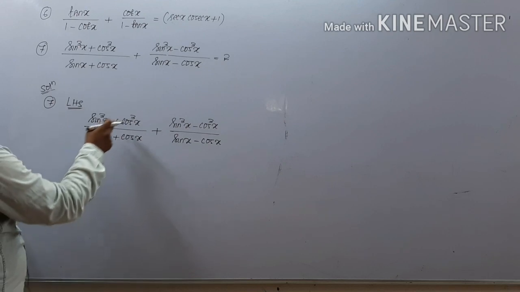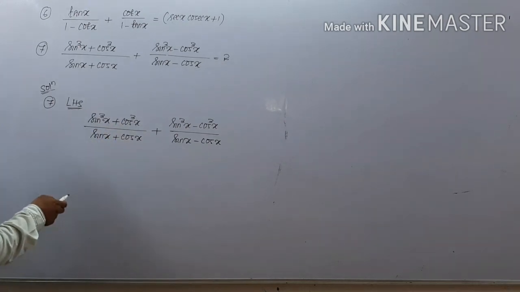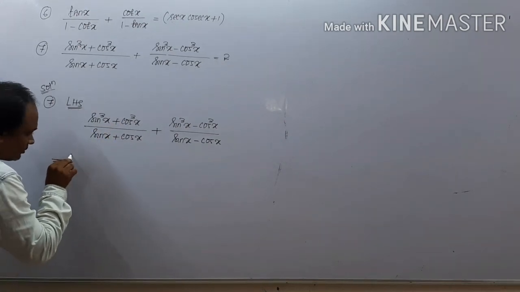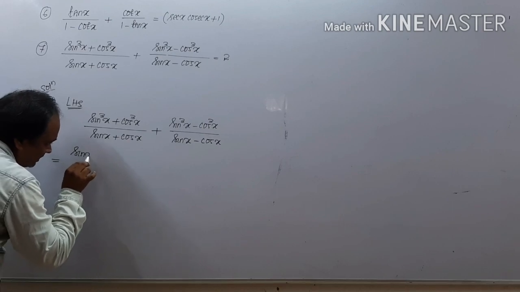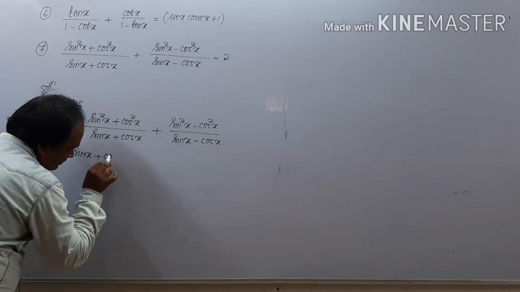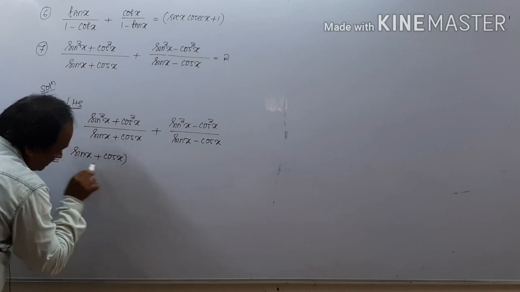So here I will apply the a cube plus b cube formula. So what is the formula? So this is equal to a plus b, that is sin x plus cos x, right?